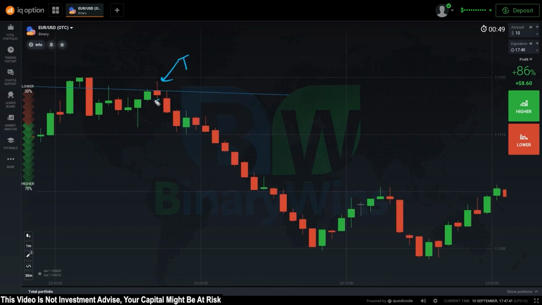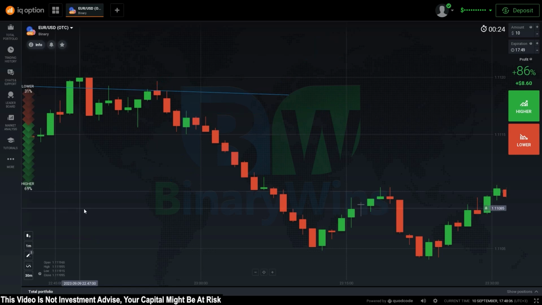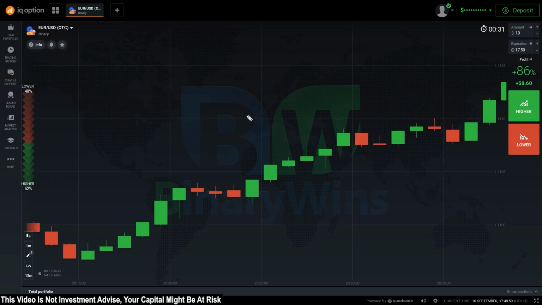Touch, a reversal candle, and we can enter a sell trade here. The time frame of the candles in this pattern is 1 minute, and the time of trade is 1 minute too.